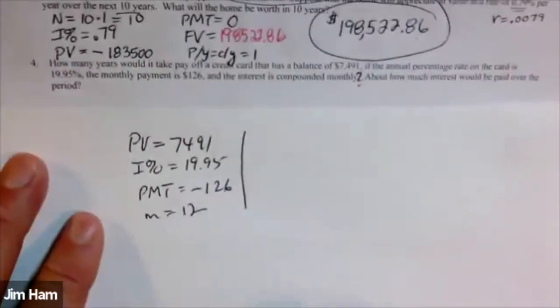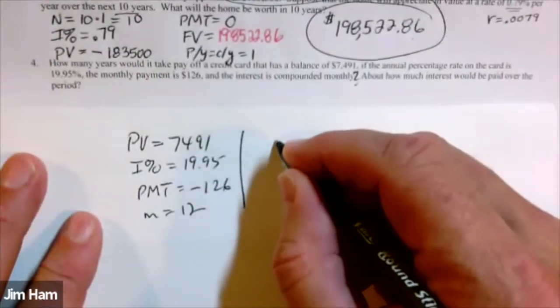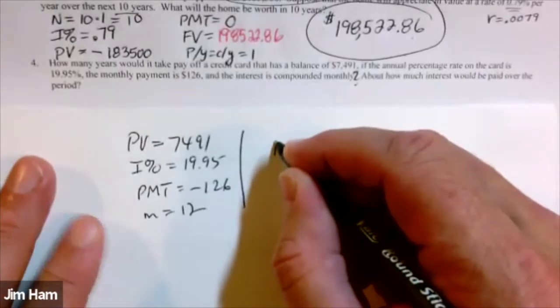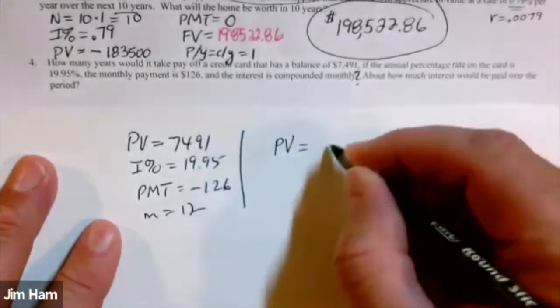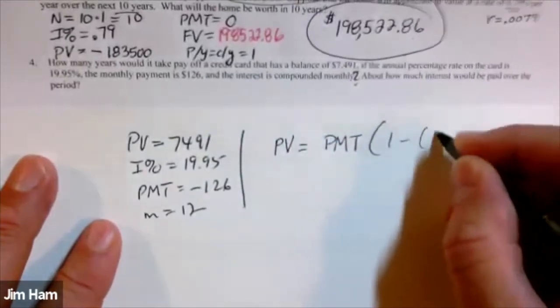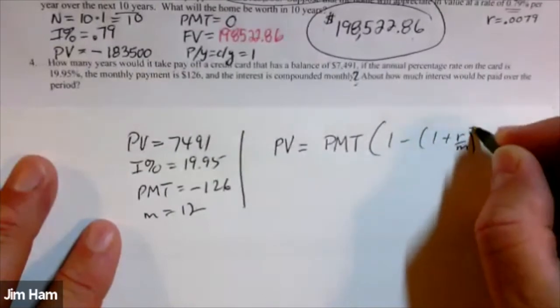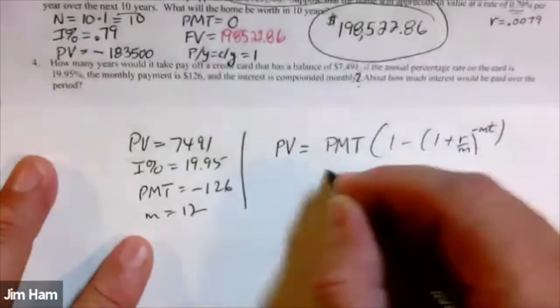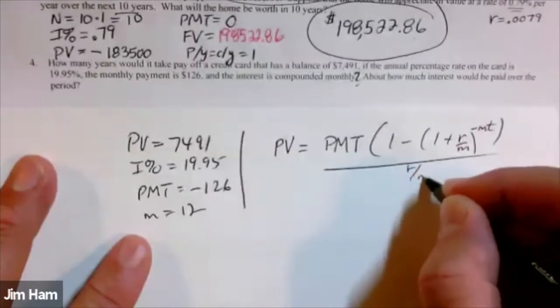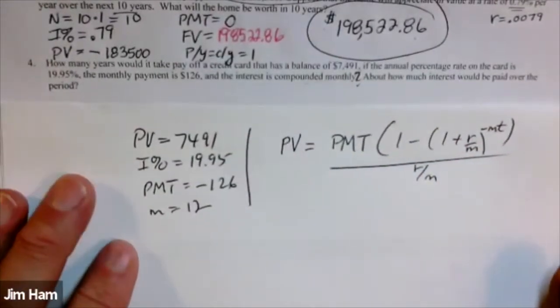All right, so this one, we're going to be using the formula that the present value is equal to the payment times 1 minus 1 plus r over m to the negative mt, all over r over m. So this really is an algebraic nightmare.